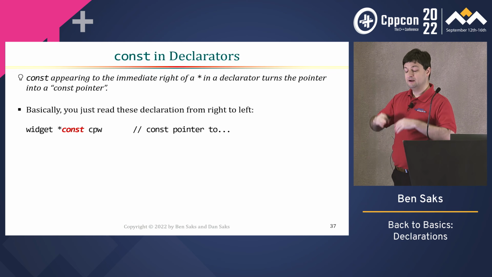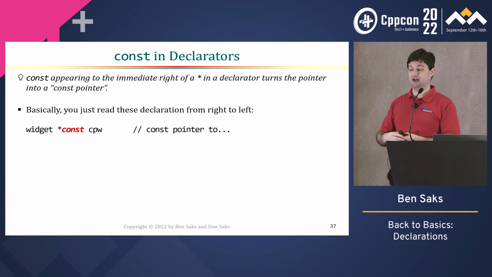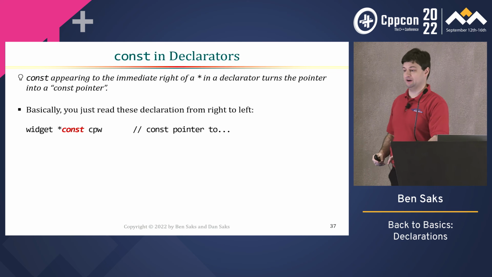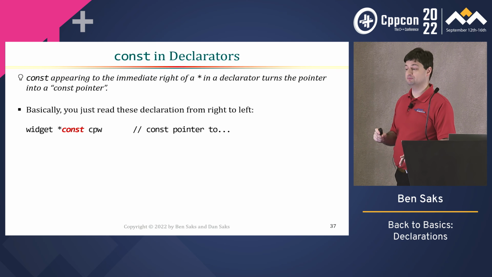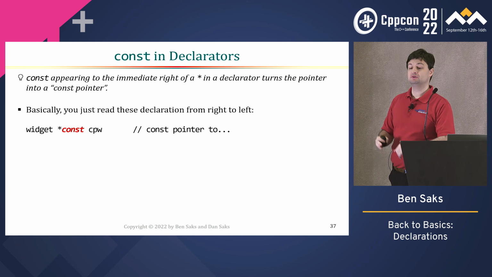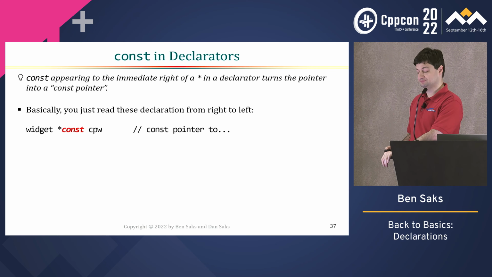That is, where it points is fixed at the time of defining the object. The things that it points to are not necessarily const, but we can't change the memory address that the pointer points to.